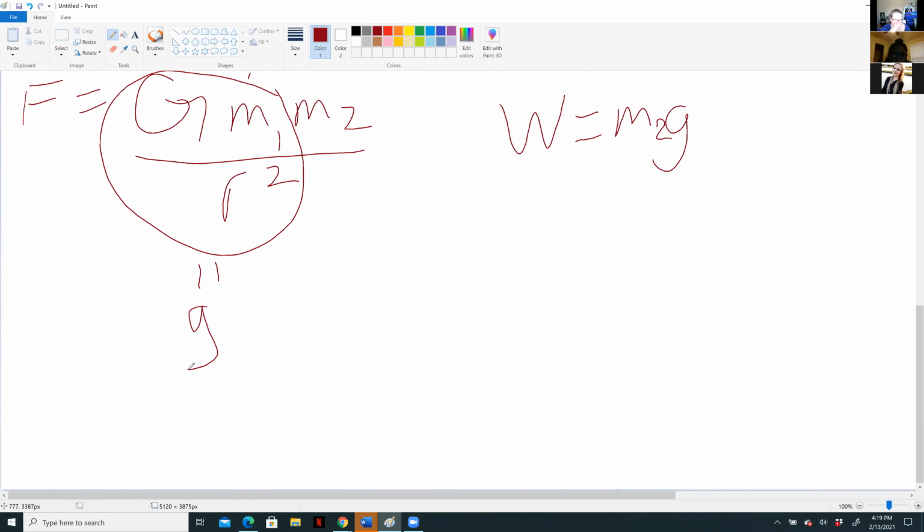Since we live on planet Earth, this r would be the radius of the Earth, right? That doesn't change very much. We do know that g, the gravitational acceleration, does change a bit. This big G is the universal gravitational constant. It doesn't change. So we've got the mass of the Earth, we've got big G, we've got the radius of the Earth.